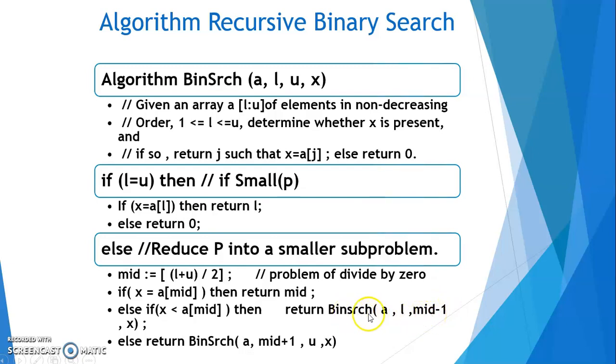We call binary search with the same array, lower bound L, upper bound mid - 1 instead of U, and X. And if X is more than A of mid, then the else part will get executed and we will call binary search with A, mid plus 1 as the lower bound instead of L, U as the upper bound, and X as the item to be searched.